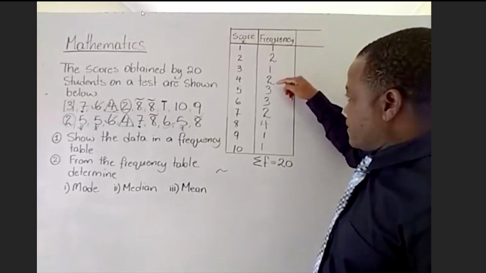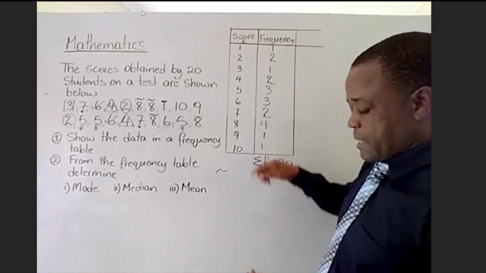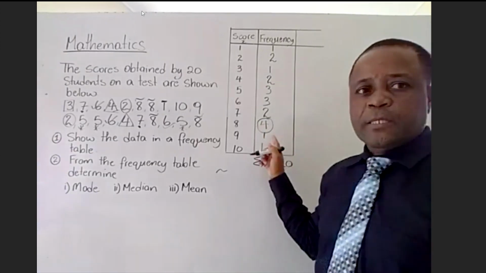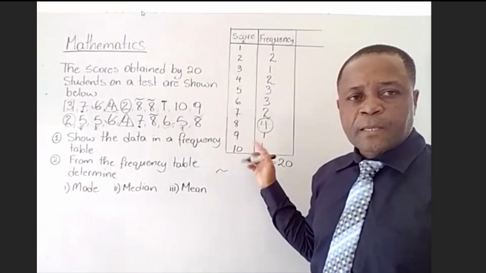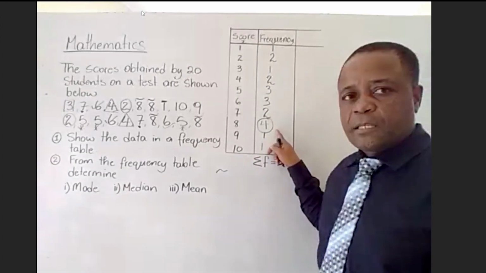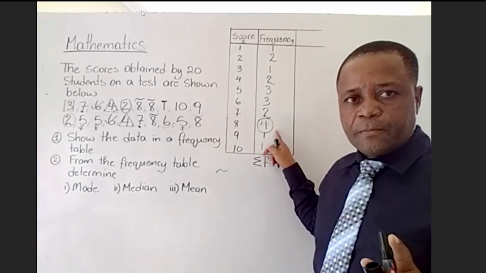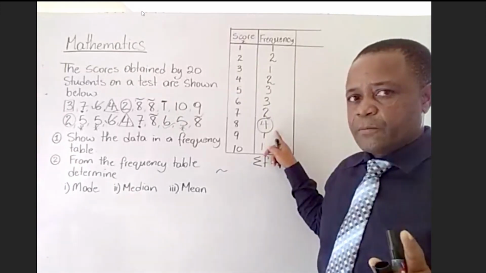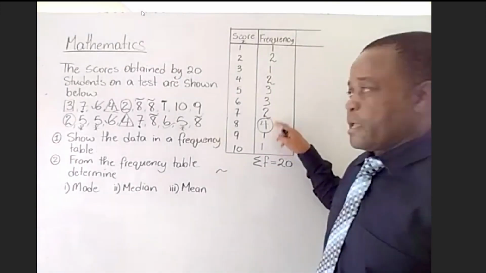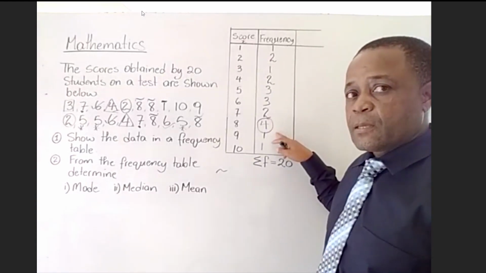So here, when I look in the frequency column, I realize that my highest frequency is 4. Students, please note, this is not the mode. Good? So we find the highest frequency.